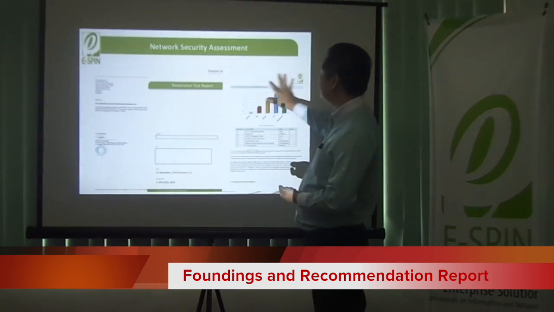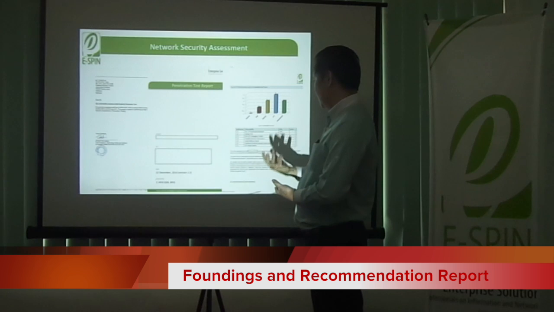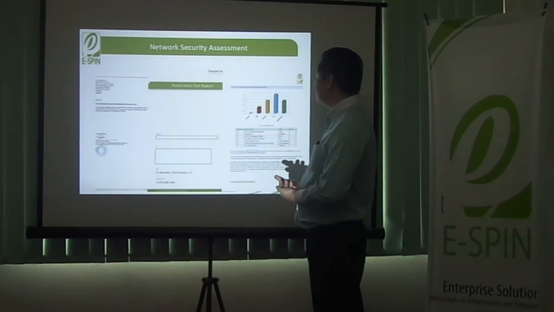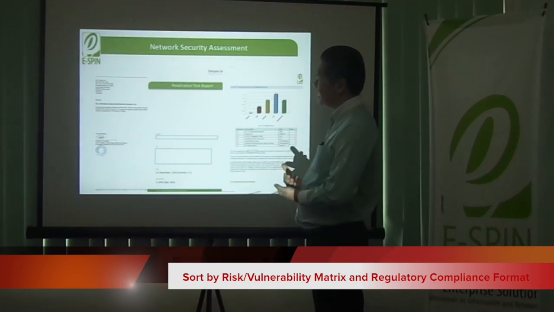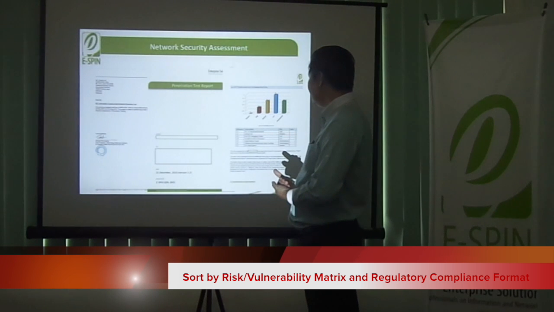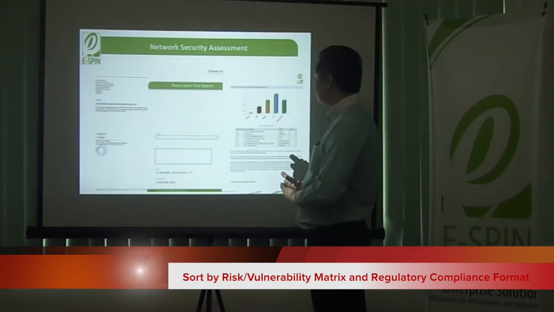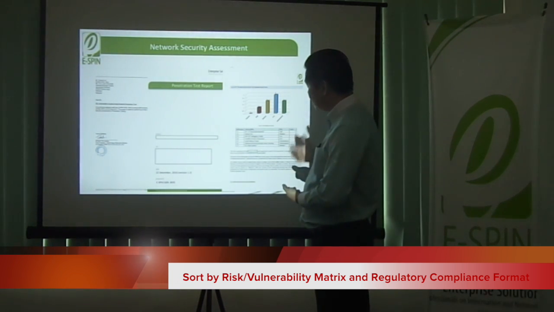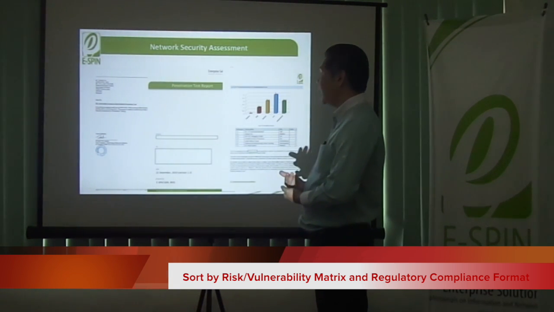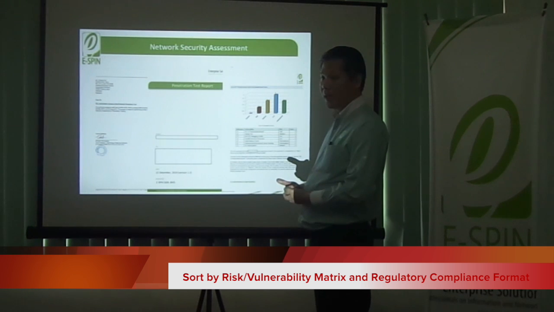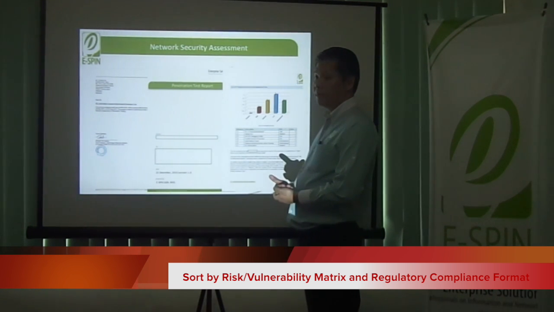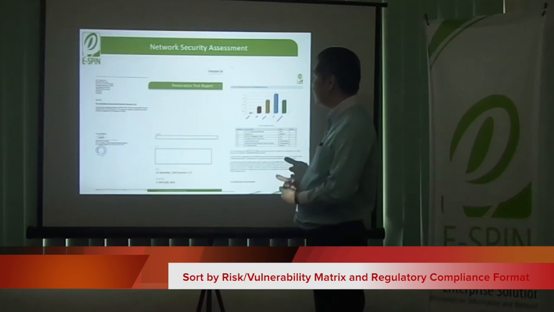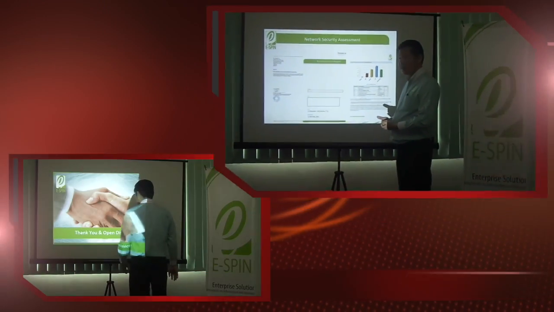And then of course we will create the visuals, computed based on the whole scope of work according to the risk matrix, and then prioritize accordingly and sort out the report. From there, we'll present and distribute the presentation regarding the security findings and recommendations.